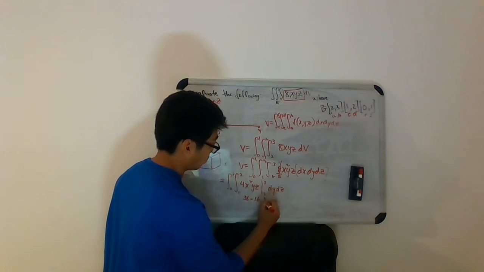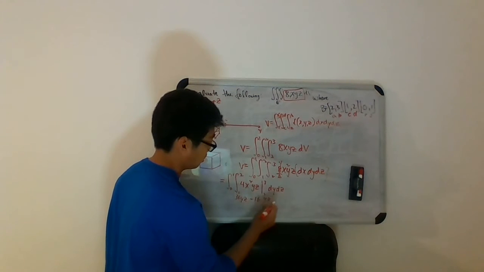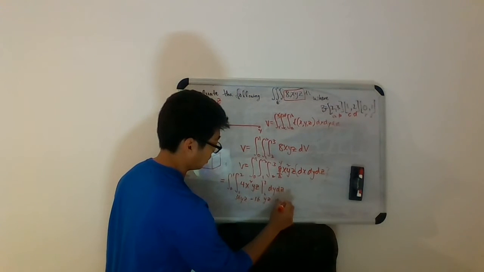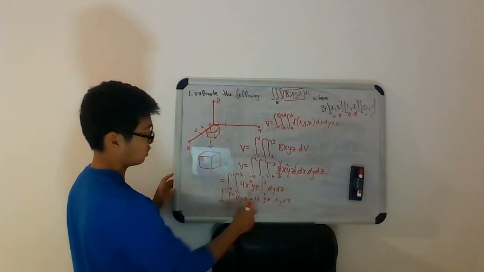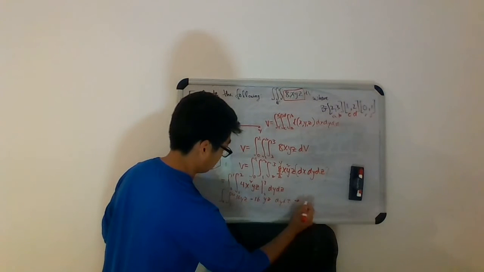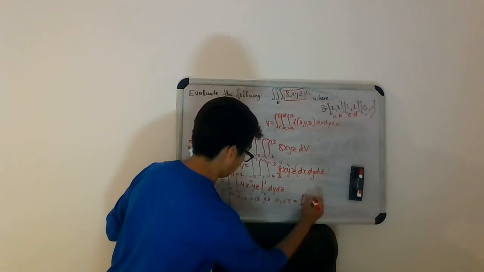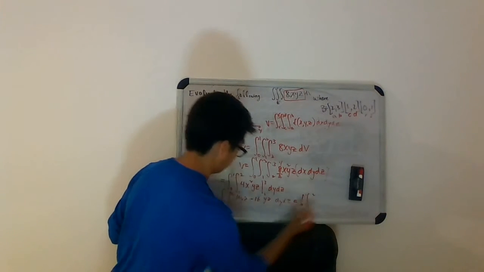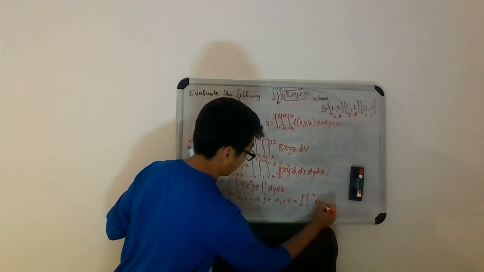And then we have 36yz minus 16yz, dy dz, and then the rest of the integrals here, 0 to 1 and 1 to 2. So we can simplify this to 20yz dy dz.